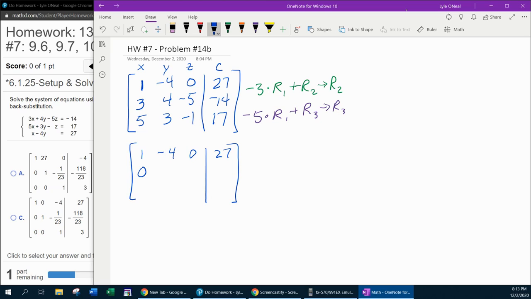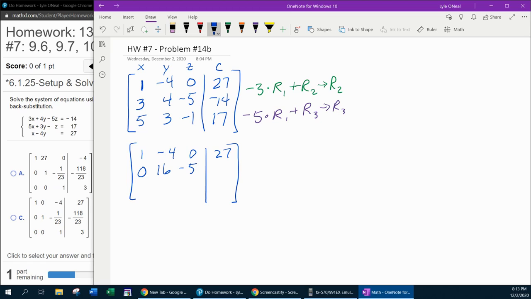Next, we've got negative 3 times negative 4, which is 12, added to 4 is 16. Next, we've got negative 3 times 0, which is 0, added to negative 5 stays negative 5.